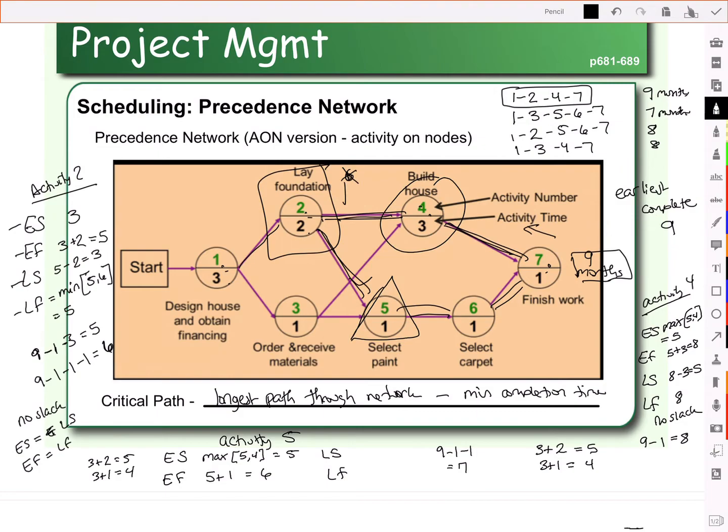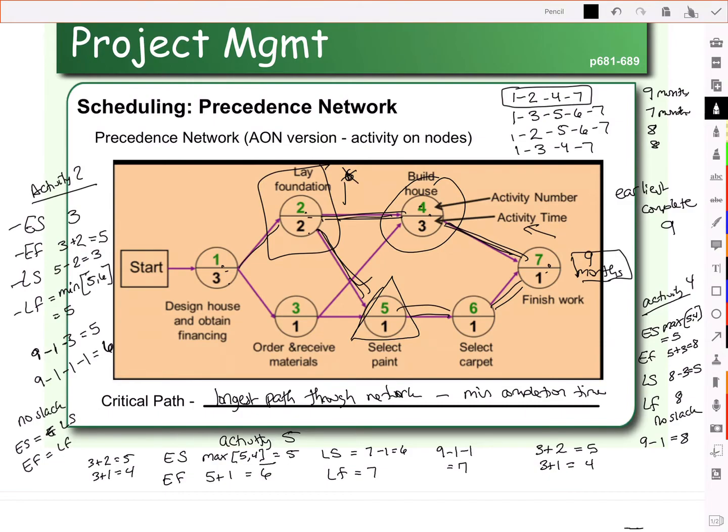No, because there's no other routes after 5. There's just 6 and 7, so we don't have to worry about a min or a max. And so the latest we can finish is going to be 7. The latest we can start is going to be that 7 minus the amount of time it takes to do activity 5, which is 1. And so the latest we can start is 6.